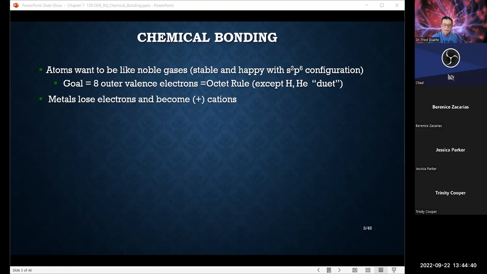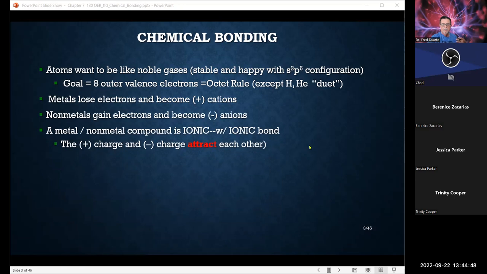Obviously, we talked about this at length. Metals lose electrons and become cations, and nonmetals gain electrons and become anions, okay? All right, now, when we have a combination of a metal and a nonmetal, what we have is an ionic compound.